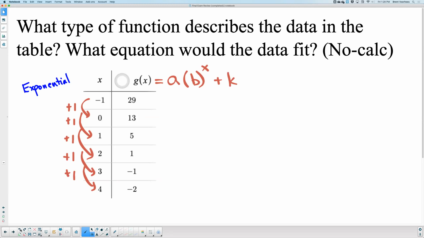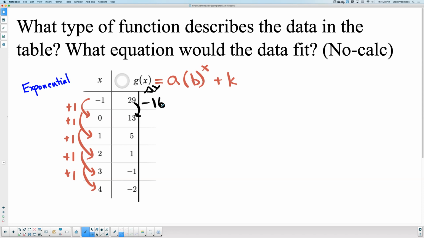Let's begin with, is it easy to tell what's happening every time? No. So what did we do on the previous table problems to help us figure out what's actually being multiplied? We did a change of Y column. I'm going to do that now. So new row here, I'll call it change of Y. To go from 29 to 13, minus 16.